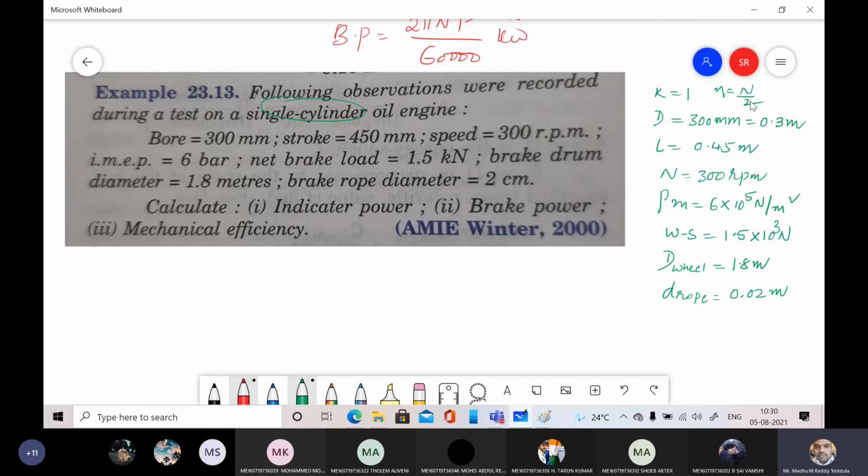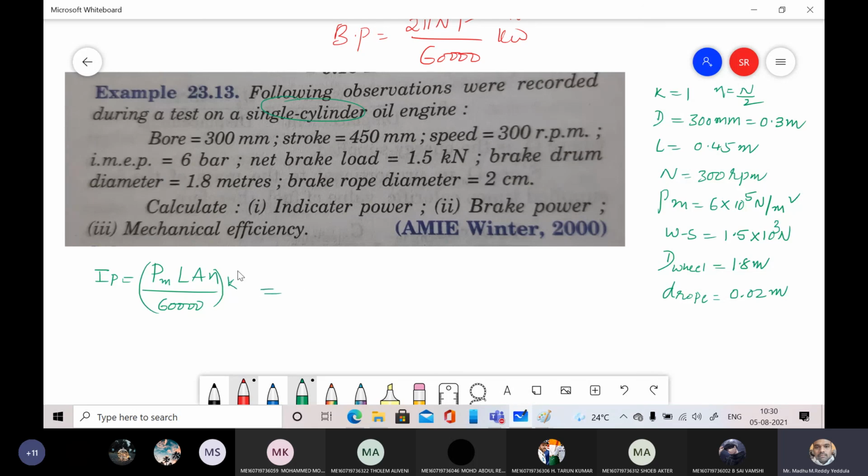So small n is equal to capital N by 2. First we calculate IP is equal to P M L A n by 60,000 into K.